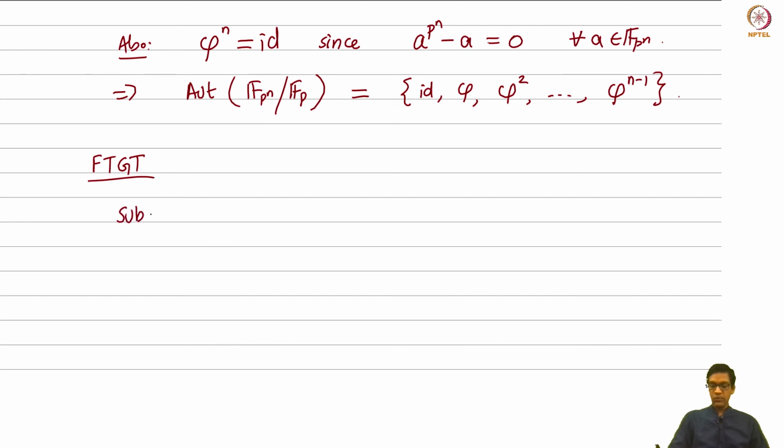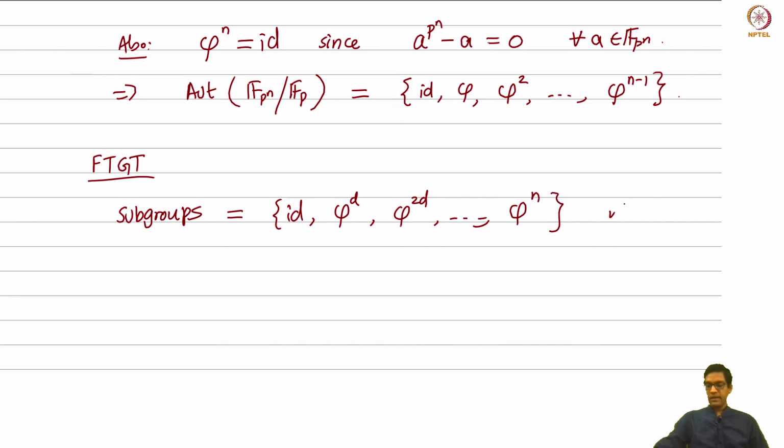If you see what the subgroups of a cyclic group are, they are also cyclic, generated by some element phi to the d, where d is some divisor of n. So maybe we should call this H sub d. What are the possible subgroups? They all look like this, H sub d, where d divides n.